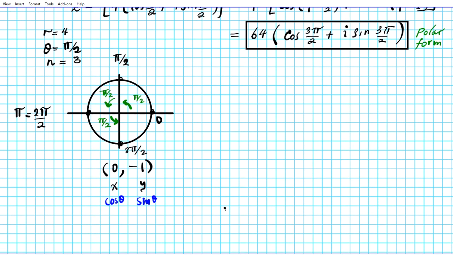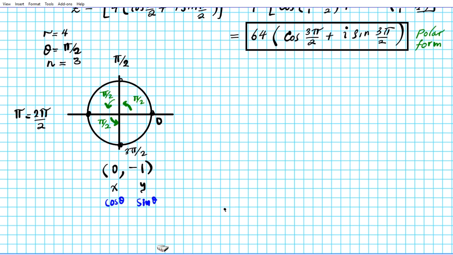Alright, so we're going to use that to determine what cosine 3 pi over 2 and sine 3 pi over 2 are. So z to the third power is going to be 64 times cosine 3 pi over 2, which is the x coordinate of this point on the unit circle, which is 0, plus i, sine is the y coordinate, which is -1, like that.